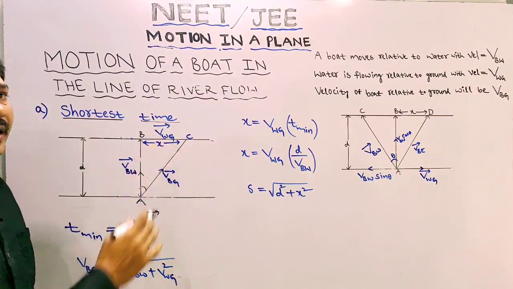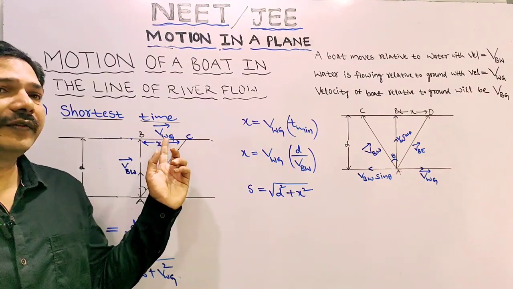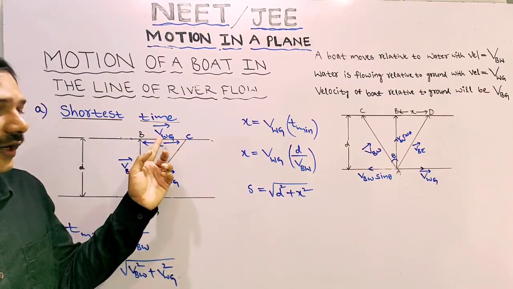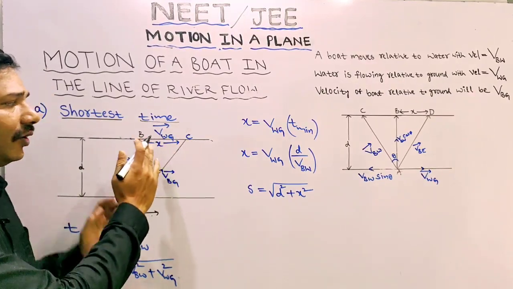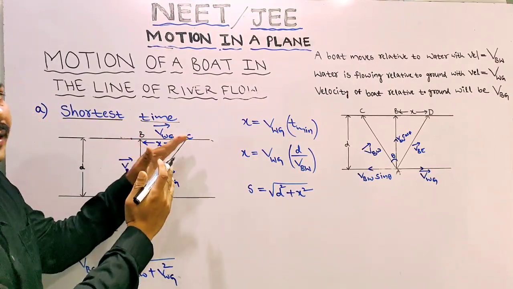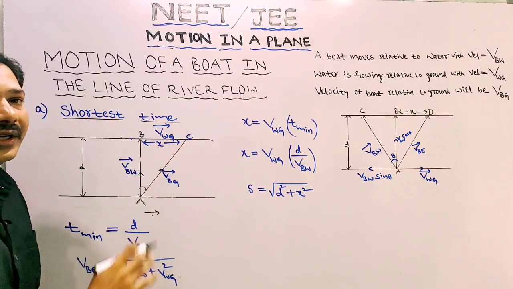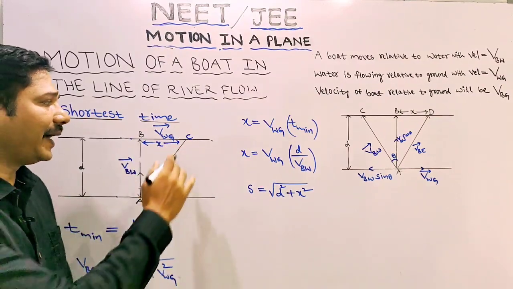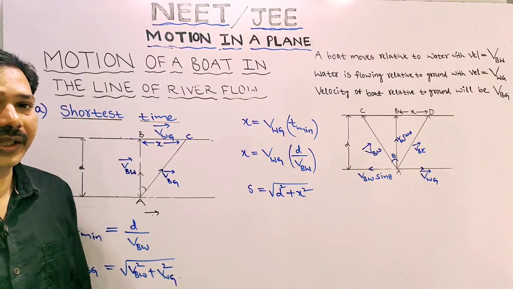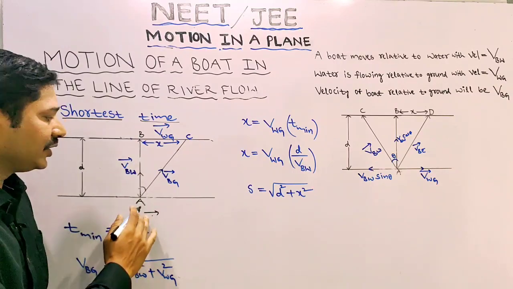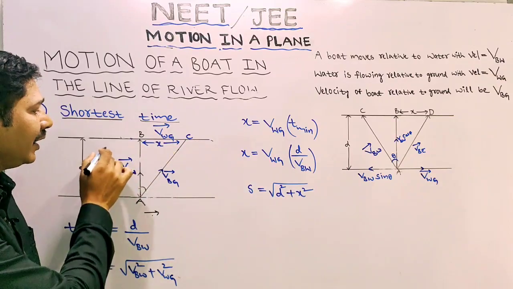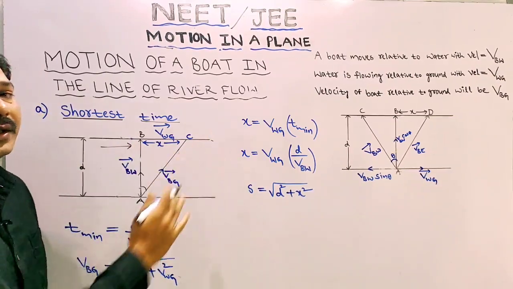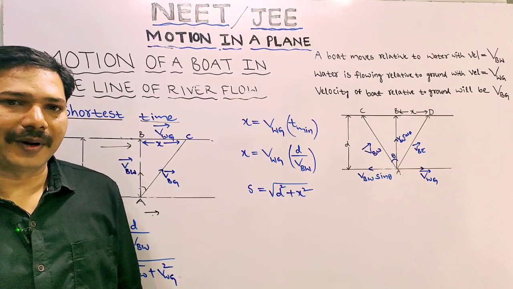Because of the current, the water velocity with respect to the ground is V_WG. With the help of the water flow, the boat reaches another point, say point C. Actually the boat is moving towards B, but with the flow of water, the boat reached point C.